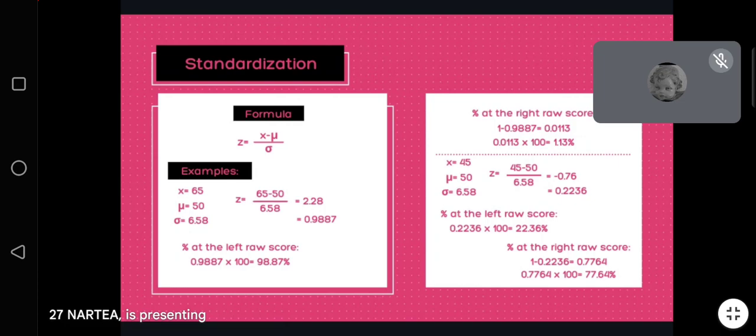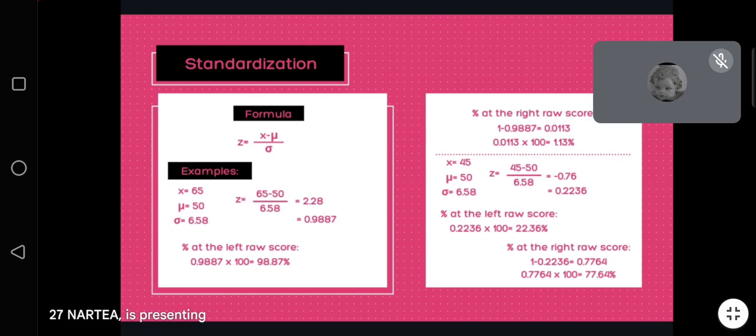To get the z-score, we need the mean, standard deviation, and the x. We subtract the mean from x, which is 65 minus 50, and that is 15. Then we divide the 15 by 6.58.